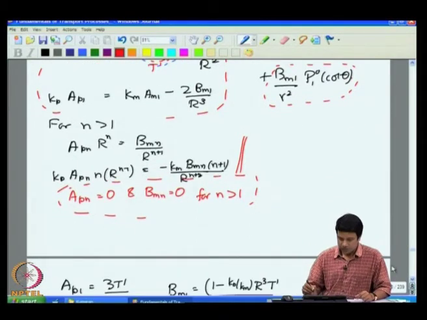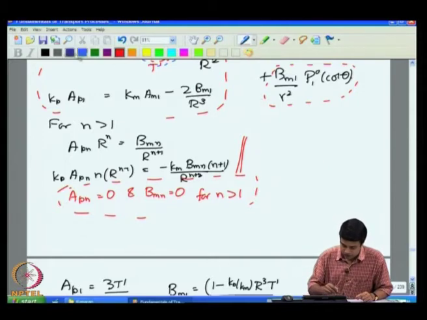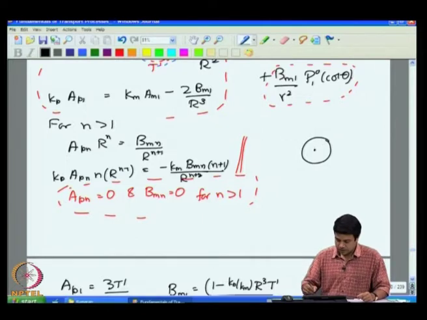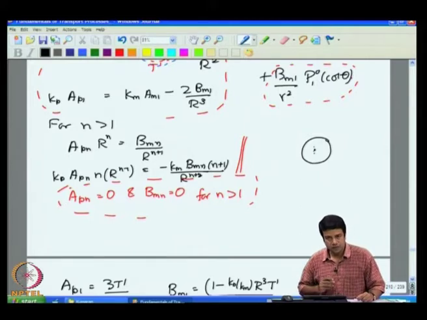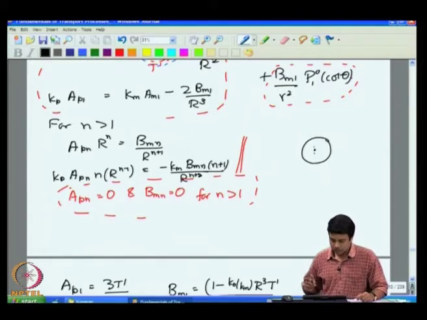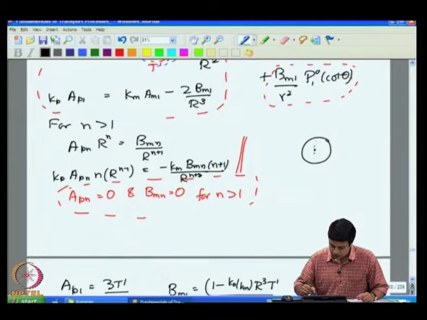And if I plot the flux lines due to this dipole term, there is a source and a sink which are separated by a very small distance, energy coming out of the source and going back into the sink. So, the flux lines that I will get due to this dipole look something like this.